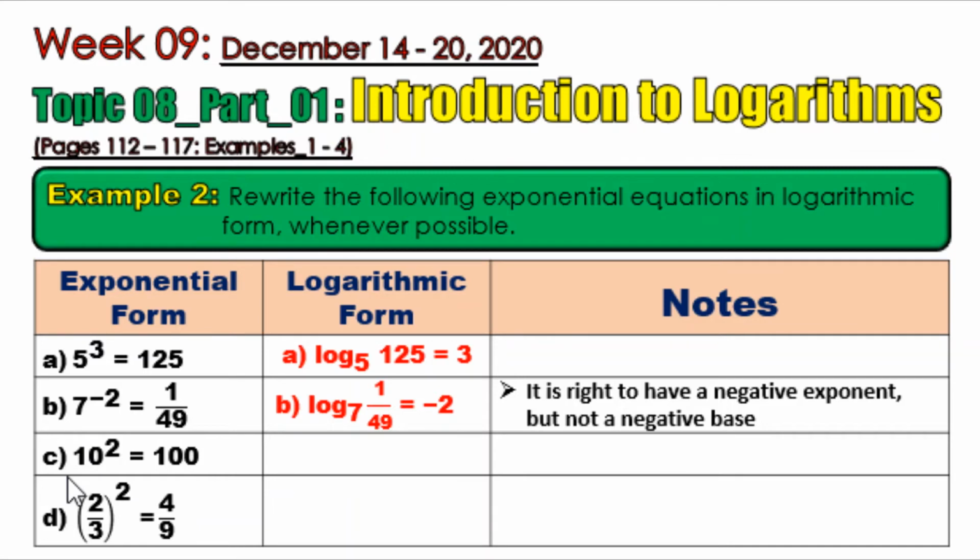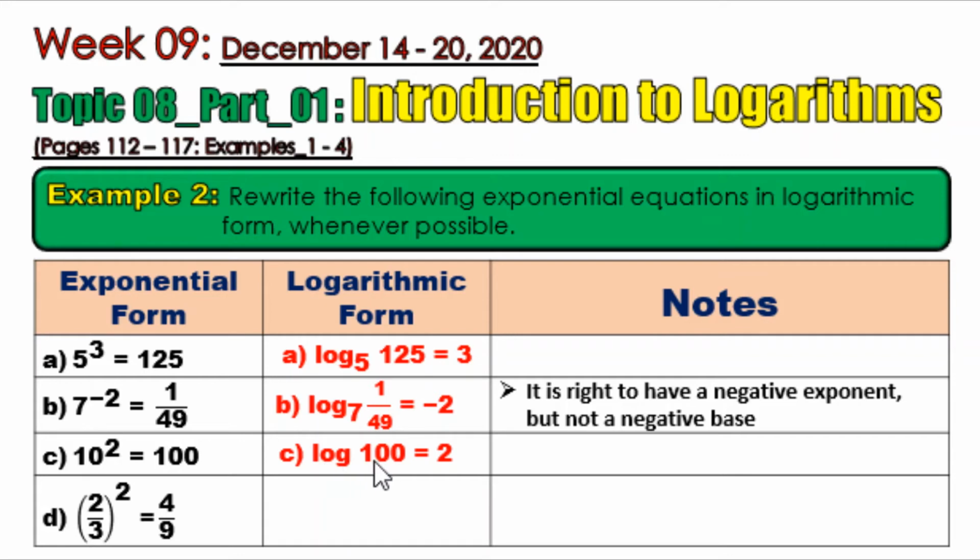Let us proceed to letter C. 10 squared is equal to 100. What do you think is its logarithmic form? So the answer is logarithm of 100 is equal to 2. Take a look at this. Our base is 10, so if we express this in logarithmic form, since our base is 10, this is called a common logarithm.